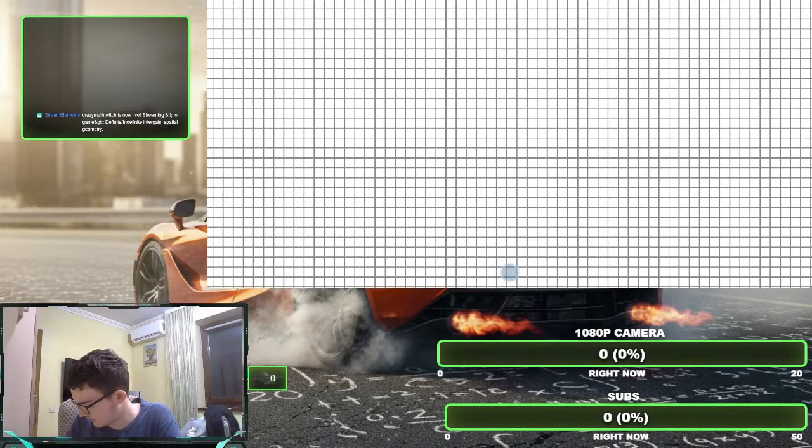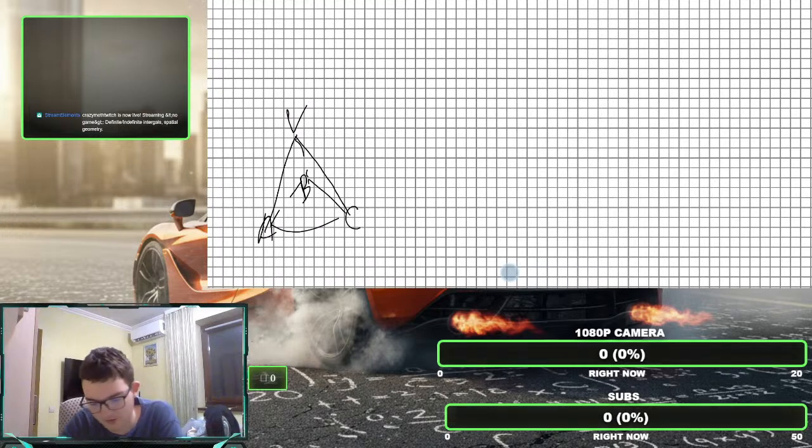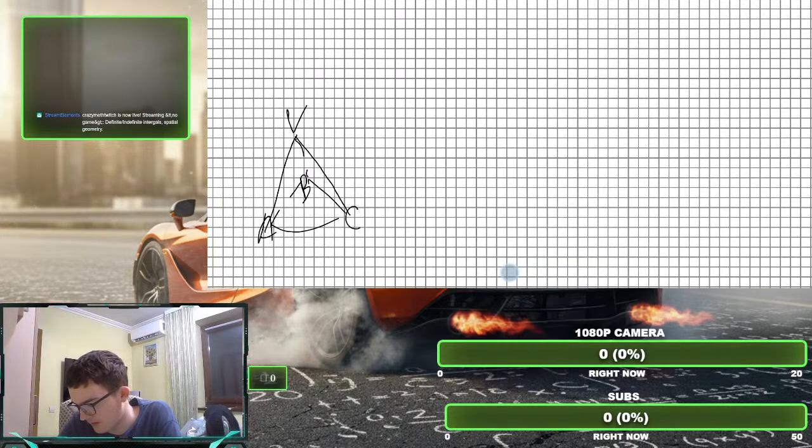It is essentially a pyramid. So here it is. Basically I'm drawing this pyramid, right? Boom. Pyramid A, B, C, V. Right?